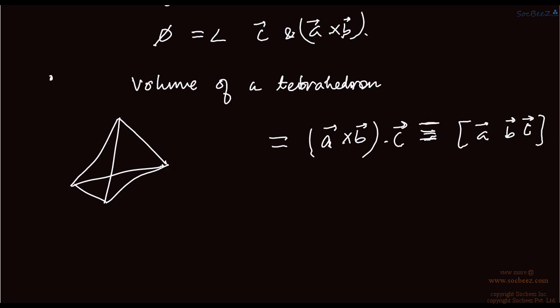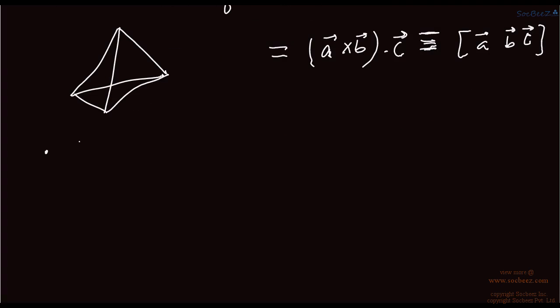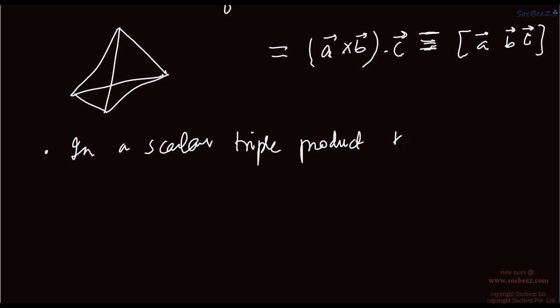Okay. So the next point: in a scalar triple product, the position of dot and cross does not matter. It can be interchanged.